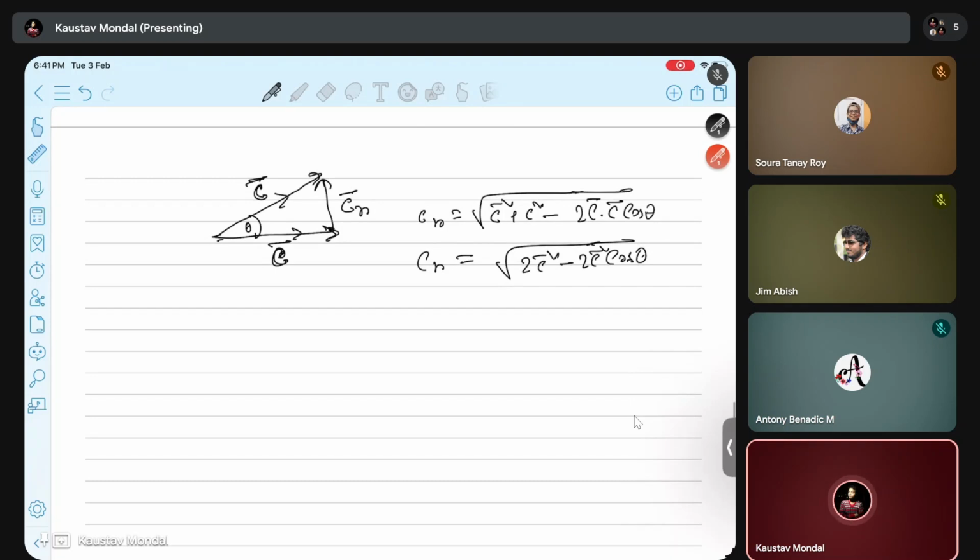Now if you consider a particular area dA, the expression of the area is r square sine theta d theta d phi, with a solid angle d omega.